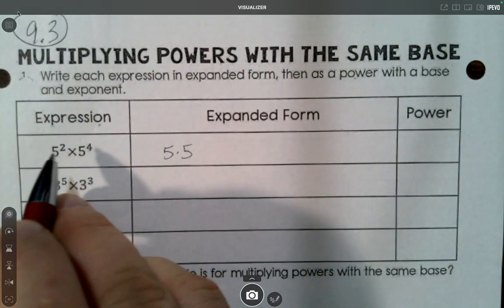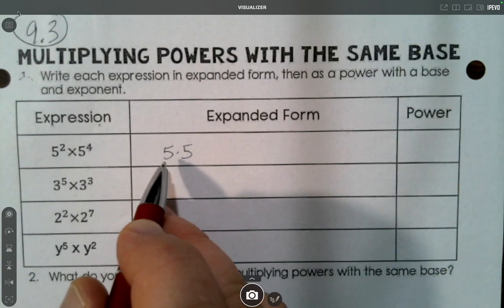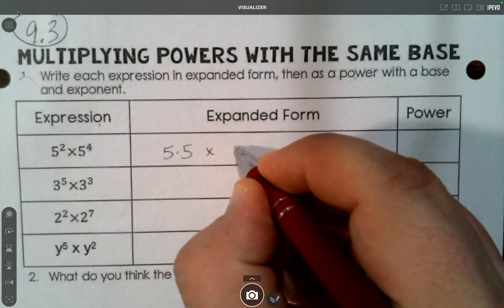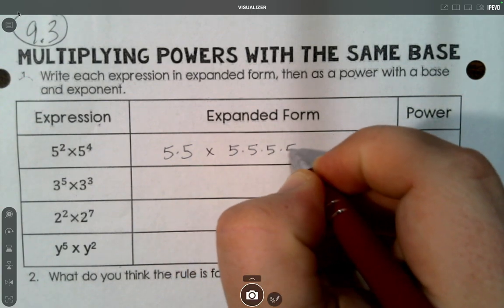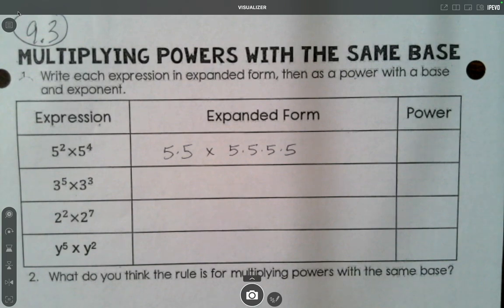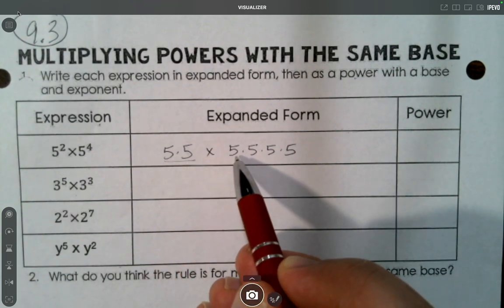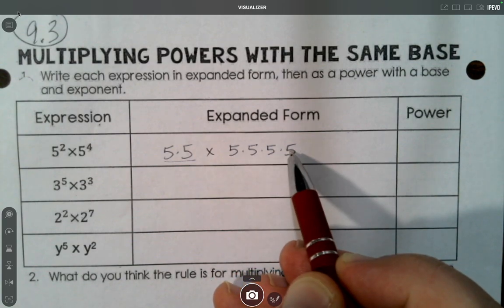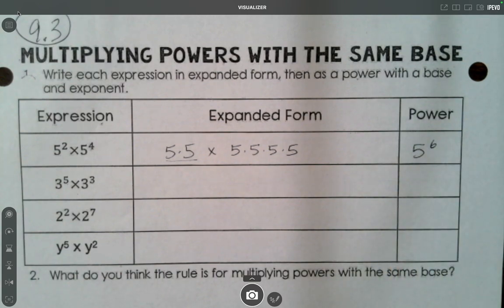The squared is just a shorthand way of saying I'm multiplying 5 by itself 2 times. 5 to the 4th really means I'm multiplying 5 by itself 4 times. So now we have a total of 1, 2, 3, 4, 5, 6 fives. So we can write this as 5 to the 6th power.